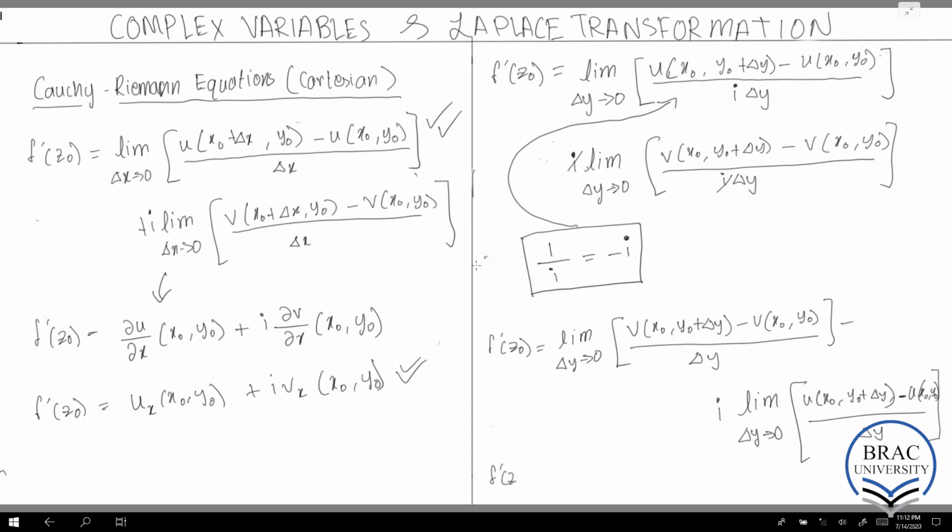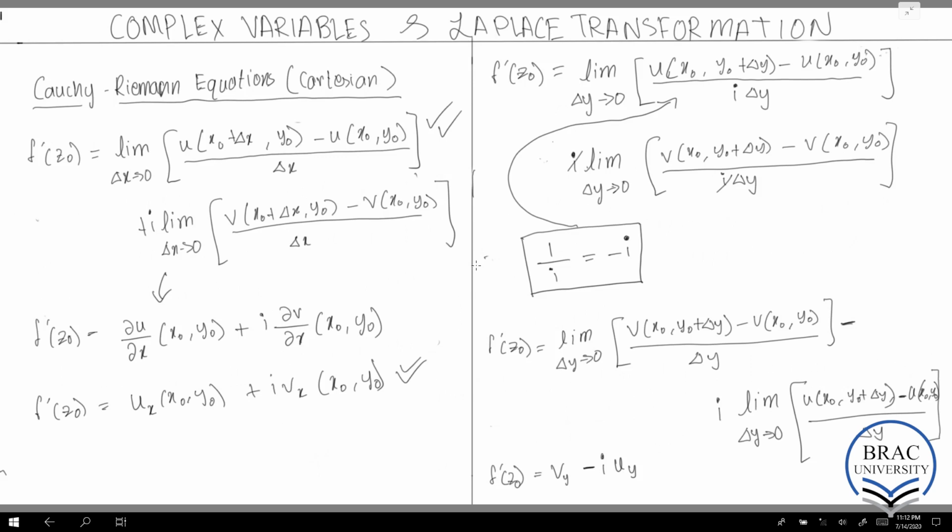We have f prime at z naught is equal to V subscript y, as in the first derivative with respect to y, minus, since there's a minus here, minus i times u y. There you go. Now you have two separate evaluations of f prime.